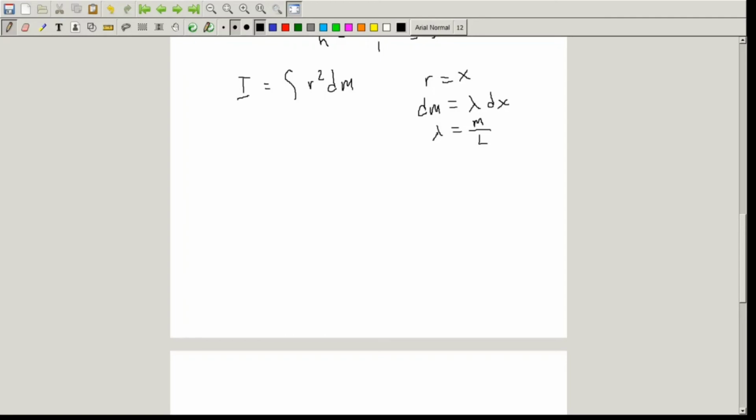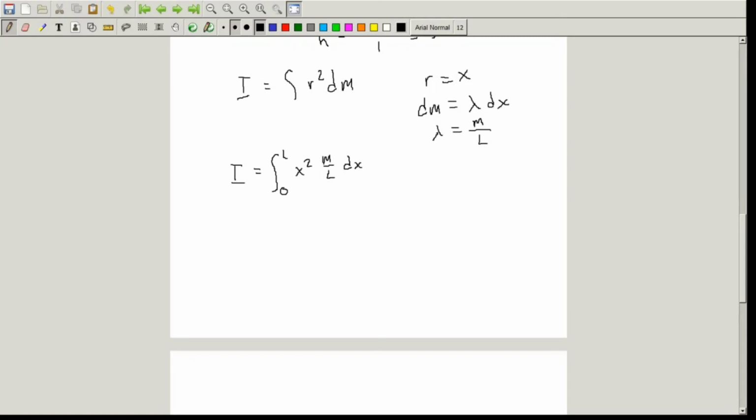So now, if we want to find I, we're going to have to integrate over the distribution starting at the pivot point. So from 0 to L of x squared times m over L dx.